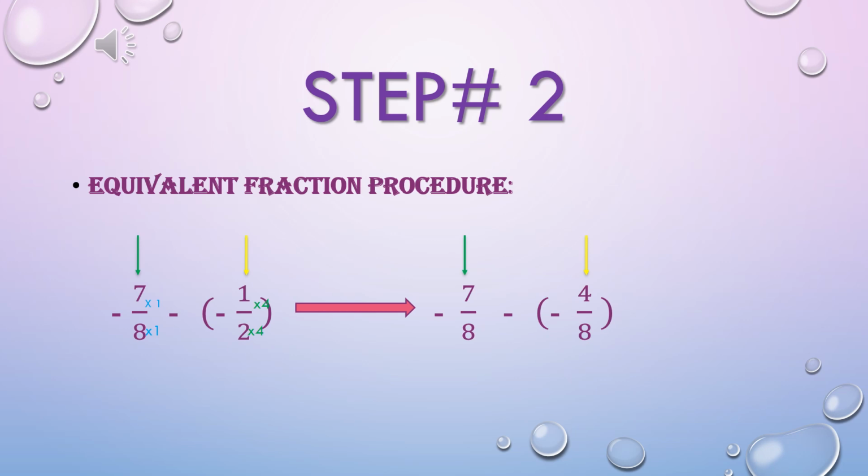So whatever you multiply to the denominator, you will have to do it to the numerator. In this case, 7 times 1 equals 7. And the second fraction, 2 times what gives me 8? Times 4. The same thing. Whatever you multiply to the denominator, you will have to do it to the numerator. So 1 times 4 is 4. Your new fraction would be negative 7/8 minus negative 4/8.